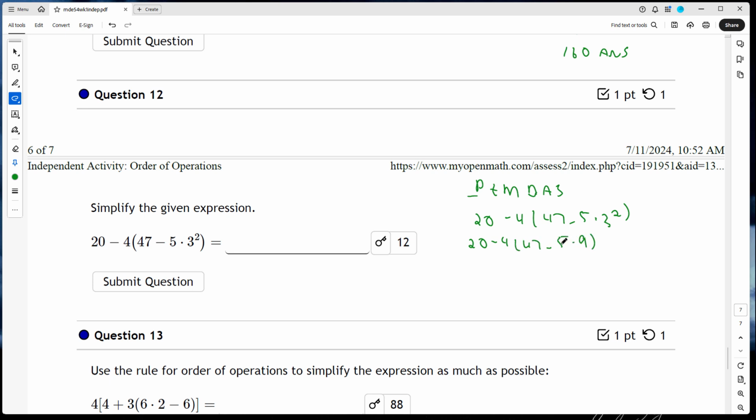Next step will be multiplication inside the parentheses. 5 times 9 is 45. So I have 20 minus 4 and 47 minus 45. Do the subtraction. 47 minus 45 is 2. Next, I'm going to have 2. There's a minus there. So I have 2 times 4, which is 8. And I have 2 minus 8.